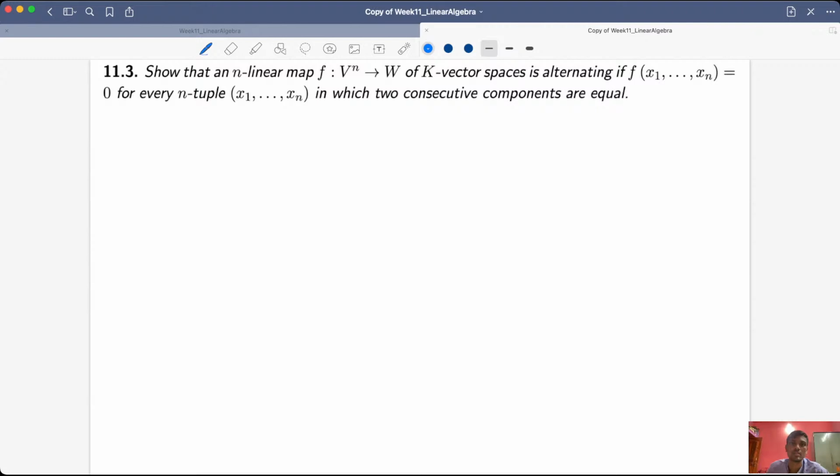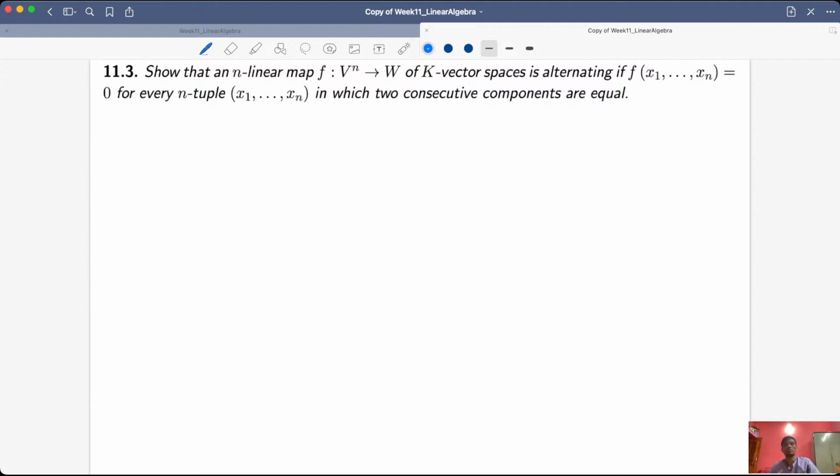But in this problem it says you don't need to check any two arbitrary positions. It is enough to check that if two consecutive terms are equal and the value is 0, then it is also alternating. So this is one step more general for alternating maps.